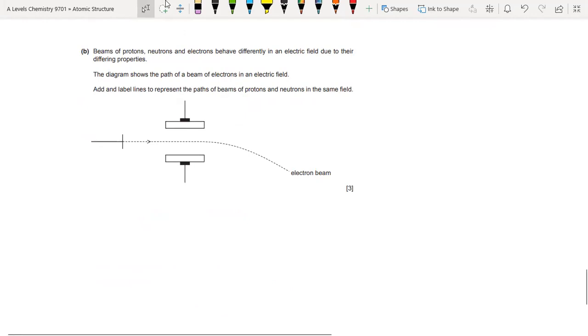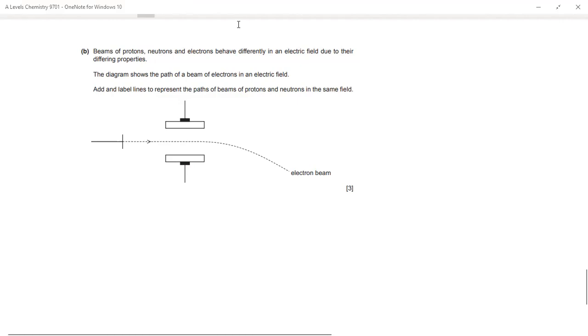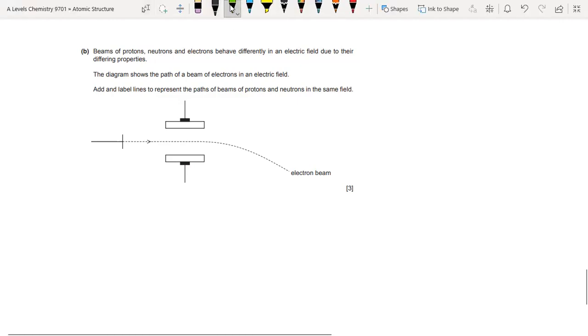If the electron is deflecting away from this side, it means this side is negative, because the electron is negatively charged. The negative charge of the plate will repel the negative charge of the electron. So the electron will deflect downward, toward the positive plate.